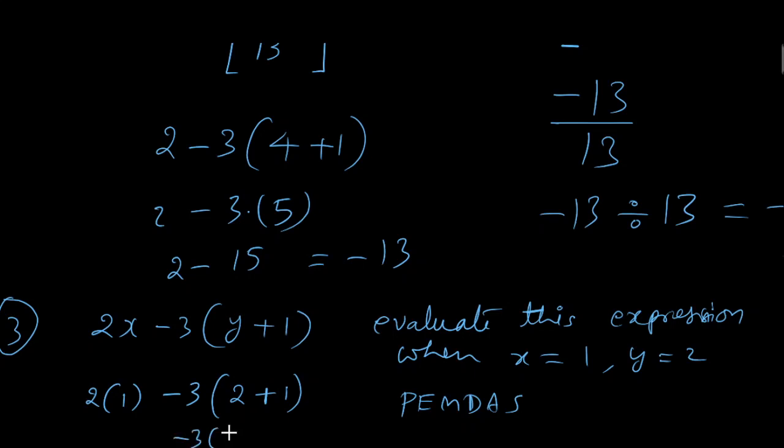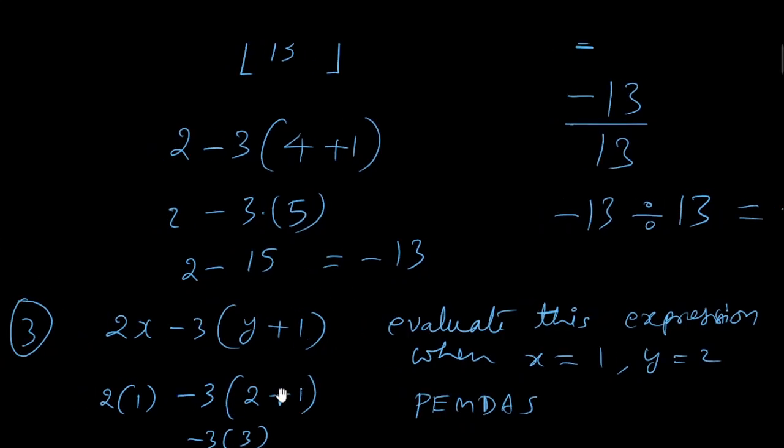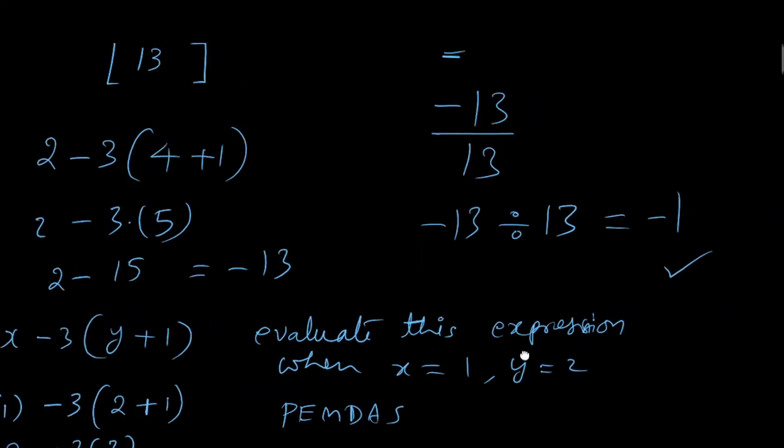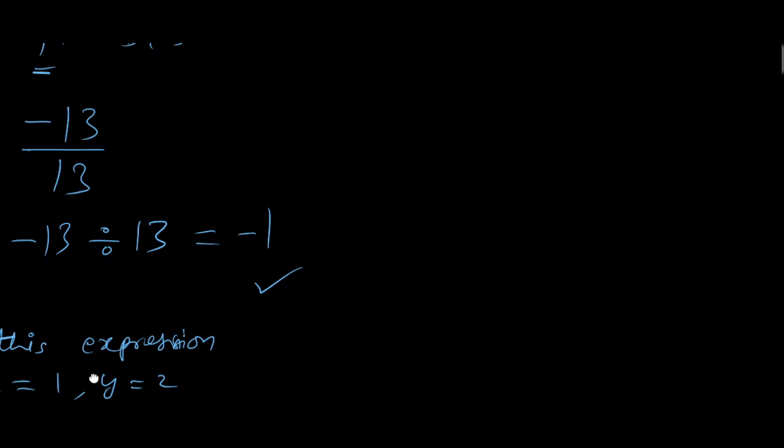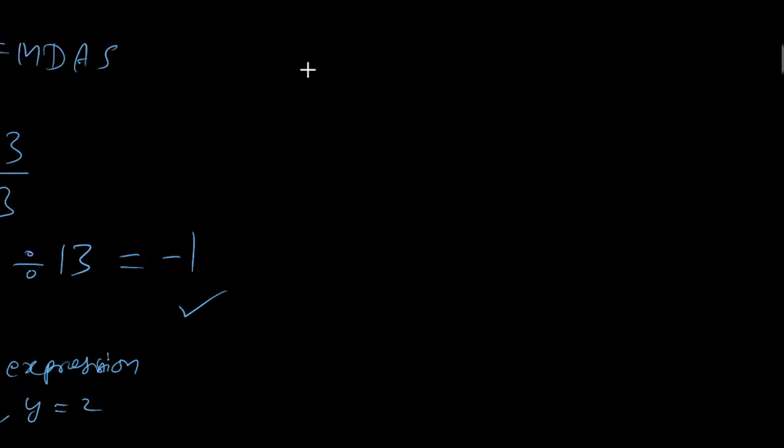So negative 3 times 3, and 2 times 1, that is 2. So 2 minus 3 times 3.